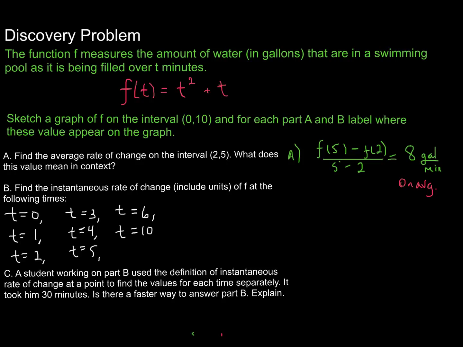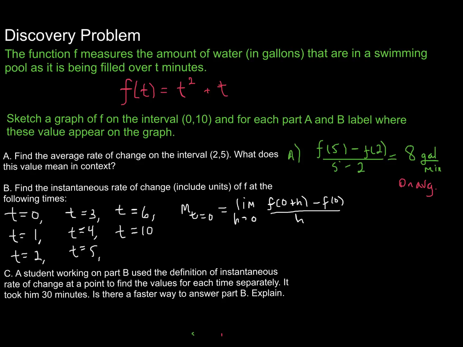So let's just consider how we would do this for t equals 0. So let's say we want to find the instantaneous rate of change, or the slope, when t equals 0. And the way that we can find that is by taking the limit as h approaches 0 of f of 0 plus h minus f of 0 over h.